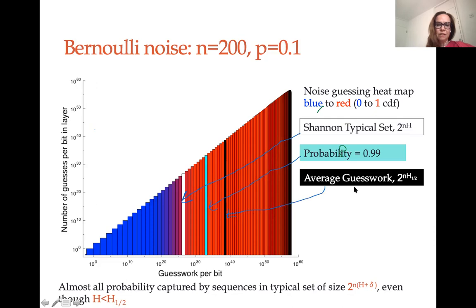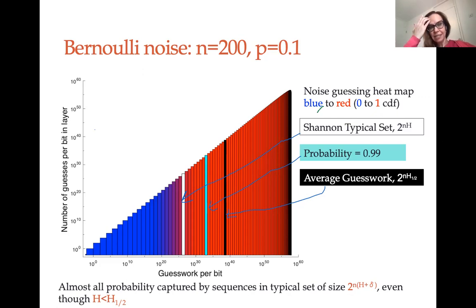So you can see that guessing the real noise on average takes a long time. Why? Because some of the noises are atypical and take a really, really long time to figure out. But those noises, I'm never going to get to. Why? Because either I'm going to give up in the channel typical set, I'm just not interested in them, or because I'm going to hit a codeword difference noise before I get to these really weird noise sequence occurrences, where I would end up having a huge number of guesses.